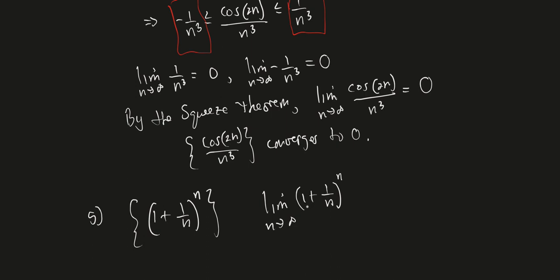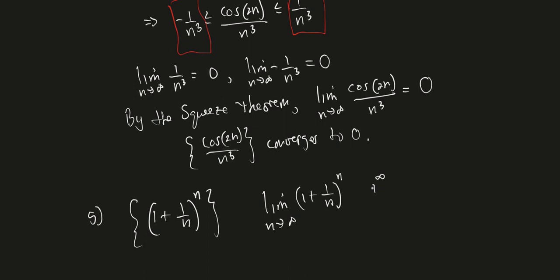Now this is where you can't treat infinity like a number. Because here we have an expression where n is in the base and it's also in the exponent. As n gets very, very large, this base approaches 1, but then the exponent approaches infinity.